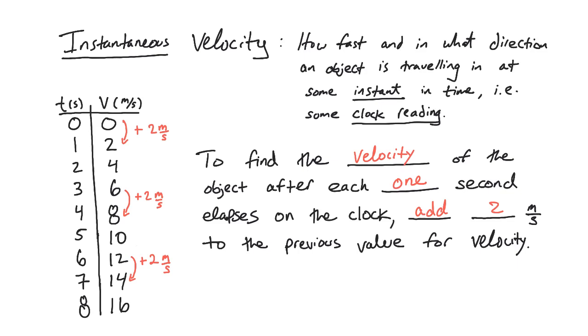Skip down a few here, from seconds 3 to 4. That's 1 second elapsing on the clock. And again, we add 2 meters per second to go from 6 meters per second to 8 meters per second. That's the pattern. Every second, we're adding 2 meters per second to update the value of our instantaneous velocity.